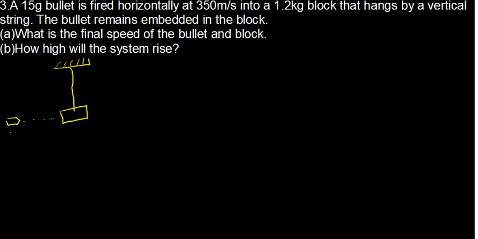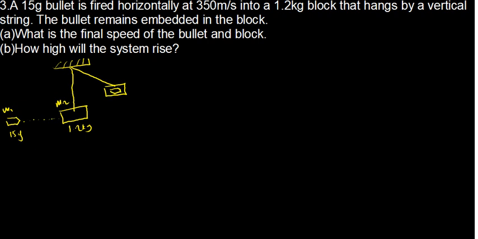So the bullet is 15 grams. The block is 1.2 kg. So let me call this one M1 and this one M2. So if this sticks inside, when the bullet hits this block, it's going to move. Now the bullet will be inside the block.